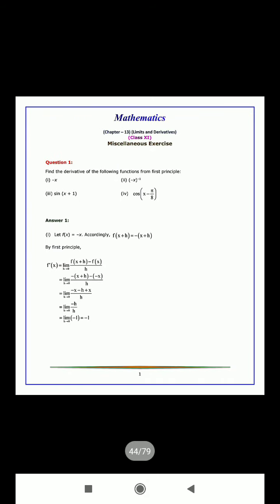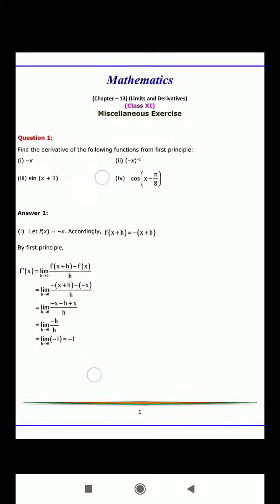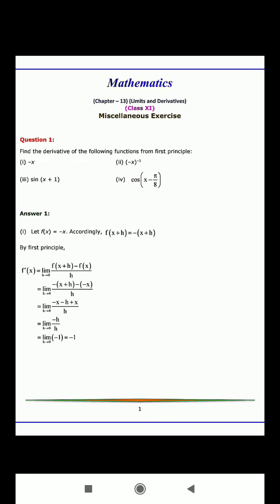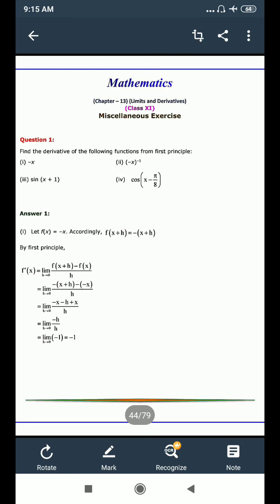In the miscellaneous exercise, the first question is: find the derivative of the following functions from the first principle method. As we have done so many questions of first principle in the previous exercise, the formula is f dash x equals limit h tends to 0, f of x plus h minus f of x divided by h. In this, f of x is given equal to minus x.